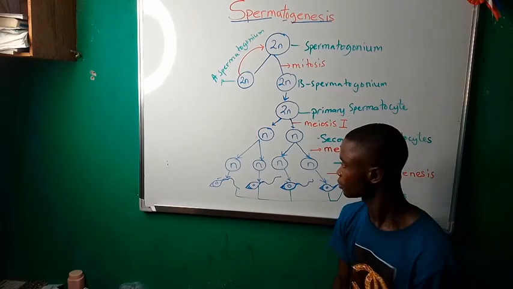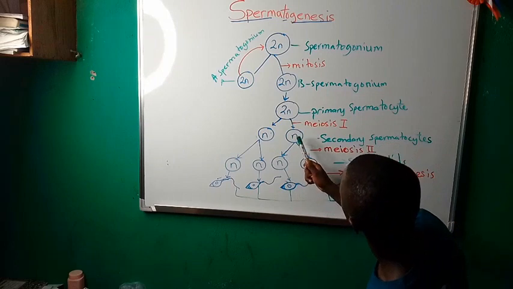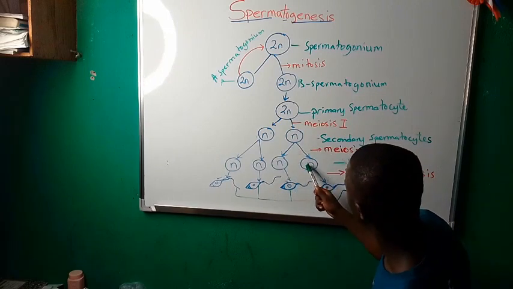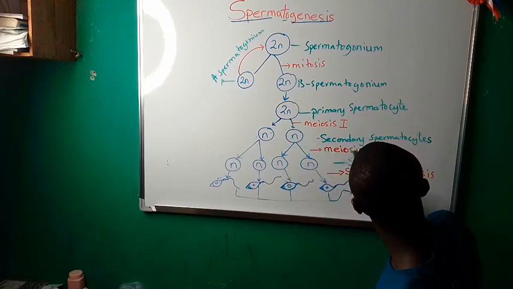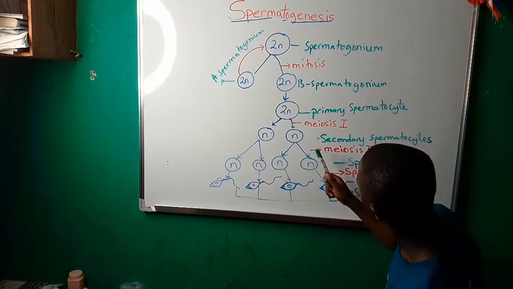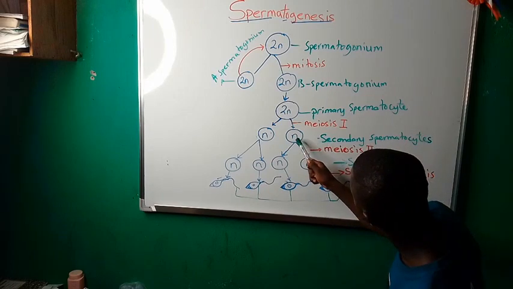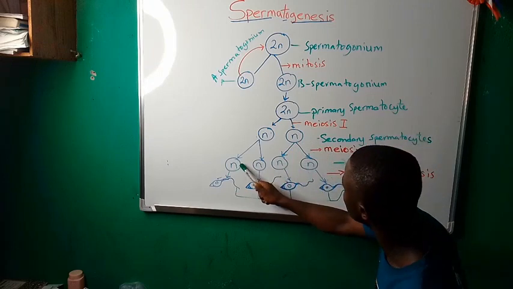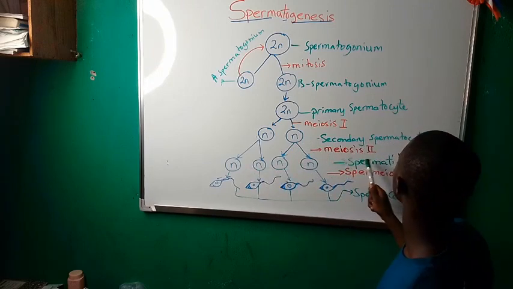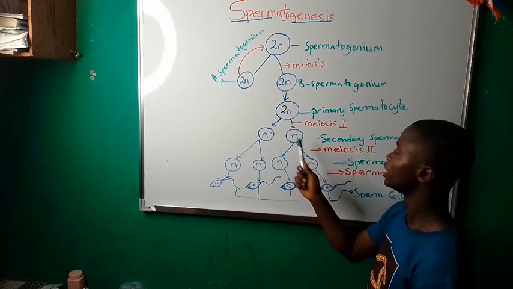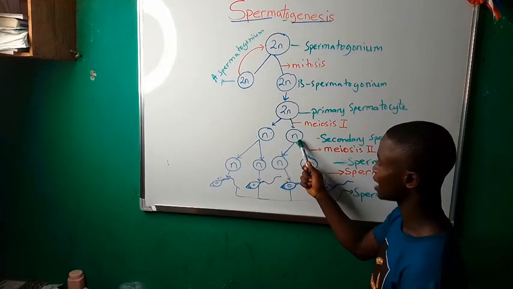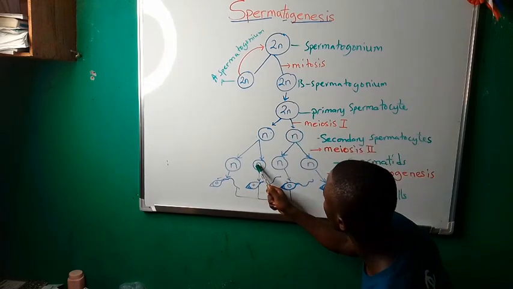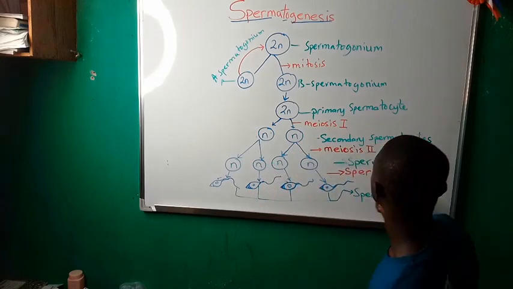Step 3. These secondary spermatocytes will further divide. They will undergo meiosis 2. When you divide a secondary spermatocyte and produce other daughter cells, these daughter cells are called spermatids. So these two secondary spermatocytes will divide into 4 spermatids.